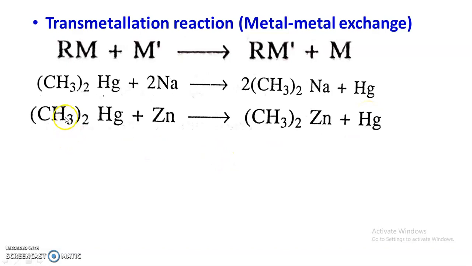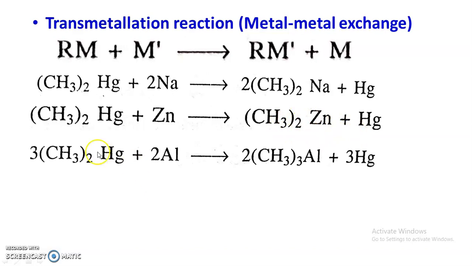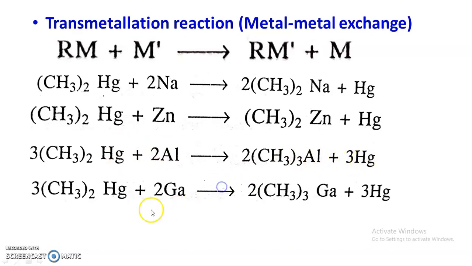Another example: when dimethyl mercury is mixed with zinc, here zinc is more reactive than mercury. Zinc displaces mercury and there is a formation of dimethyl zinc plus mercury. Similarly, when dimethyl mercury is mixed with aluminium, aluminium is more reactive than mercury. Aluminium displaces mercury and we get trimethyl aluminium and mercury.